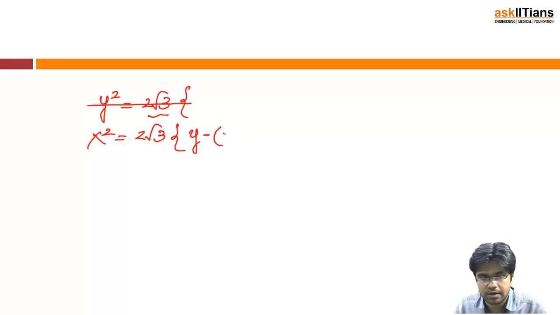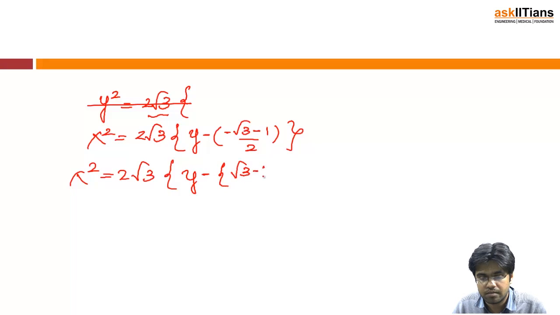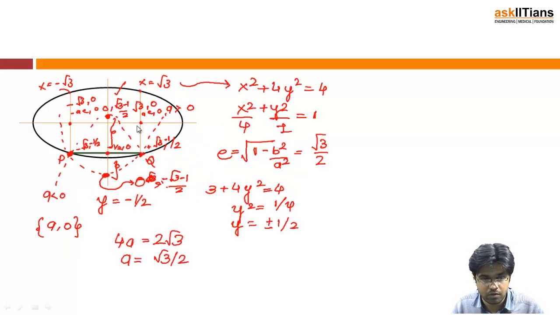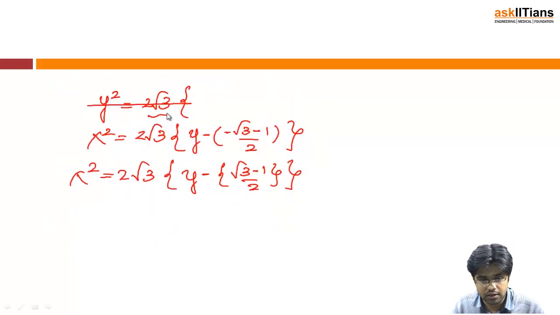That means one time it's going to be minus root 3 minus 1 by 2. Another time it's going to be x square is equal to 2 root 3 times y minus root 3 minus 1 by 2. That means there can be two possible equations, and yes, as I already told you, one parabola goes like this, the other goes like this.